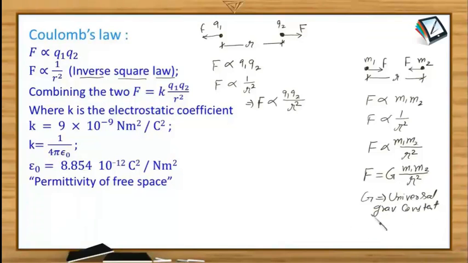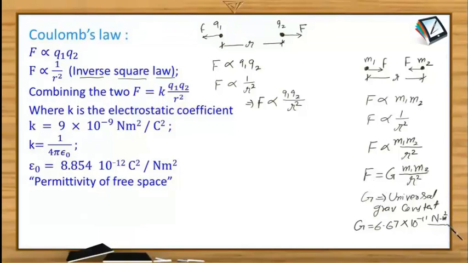Do you remember the value of this capital G? It is 6.67 into 10 raised to the power minus 11. And what is the unit? From this formula, the unit of G will be F into r square divided by mass into mass, that means Newton meter square per kilogram square.